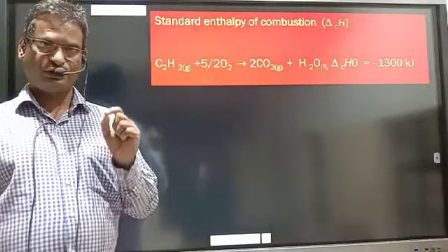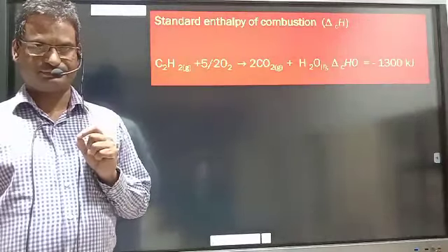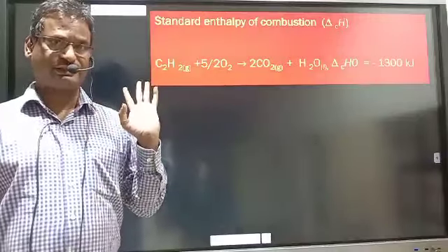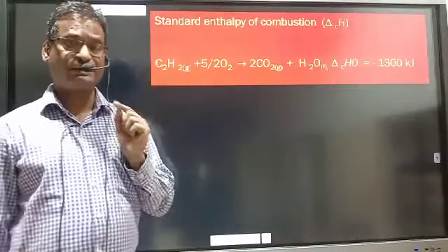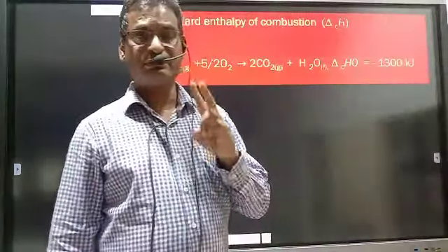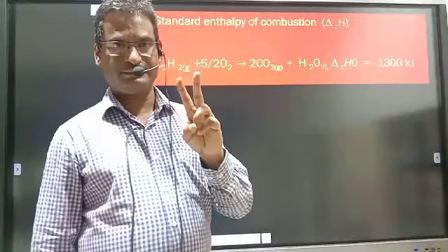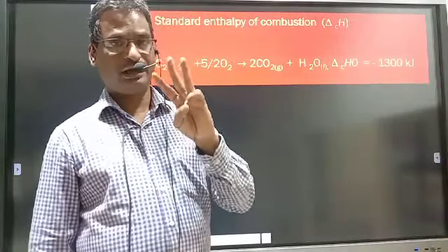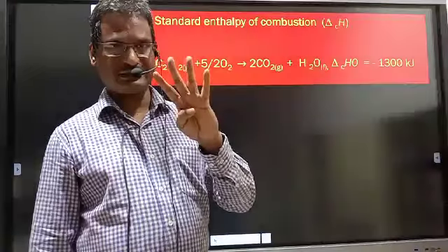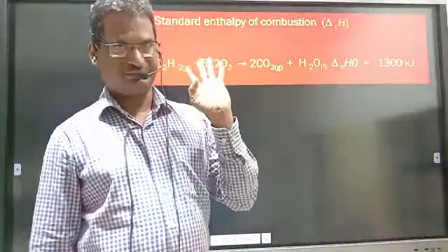Then to write the balanced reactions, and then calculate the delta N. Similar steps. In formation, what we have seen: what is meant by formation, then what is meant by enthalpy of formation, then how to balance the formation reaction, and last to calculate delta N.